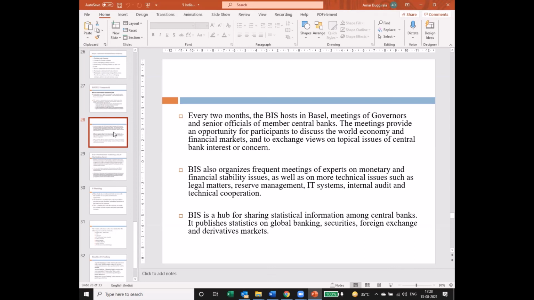So this is what the Basel framework is all about. BIS is the institution which has been sitting in Basel since 1930, and it is providing an opportunity for global financial organizations, particularly central banks, their officials, global financial experts, right?